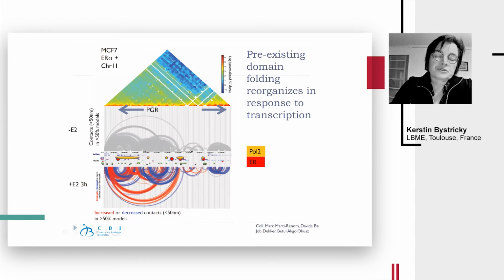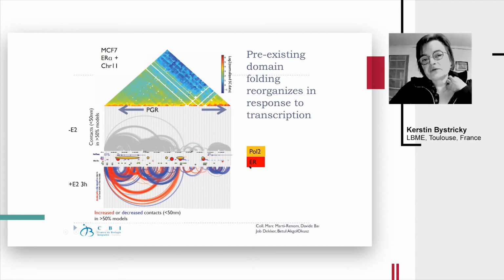So you have, again, these sites where you have the polymerase and the estrogen receptor binding that tend to increase the contact, so they shorten the distances. And in blue, you do have some that are decreased here between this side and that side. You clearly have a blue line. So you have some things that come together and others that open up. So you have a remodeling of the area that accompanies transcription.